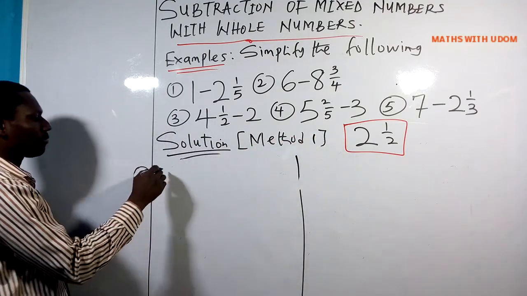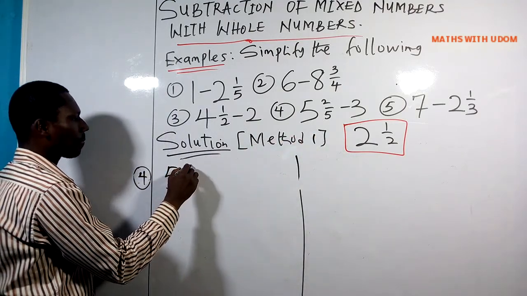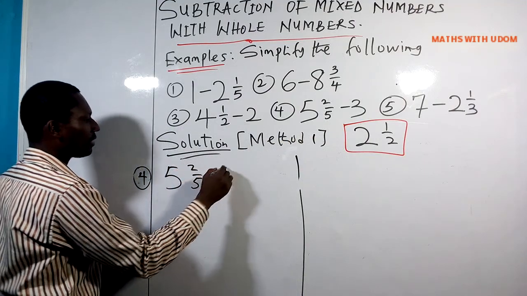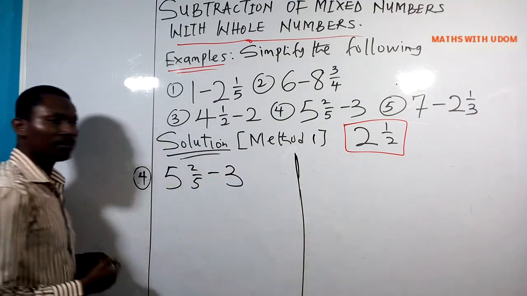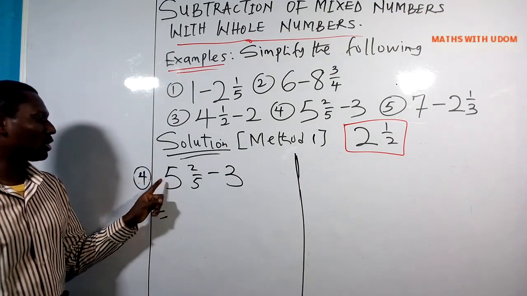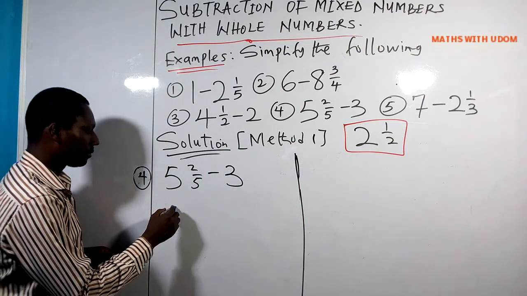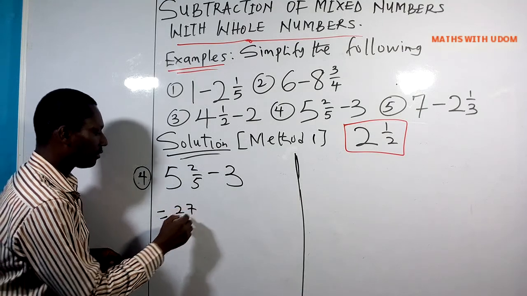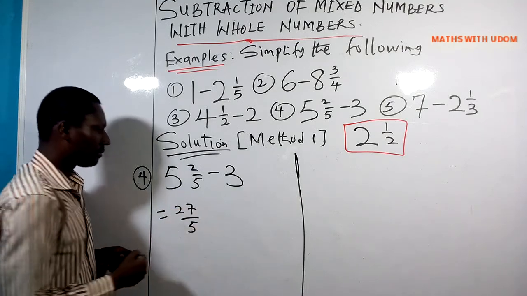Okay? What's example 4? 5 whole number, 2 over 5 minus 3. Okay? So using the first method, 5 times 5 is 25. 25 plus 2, 27 over 5.